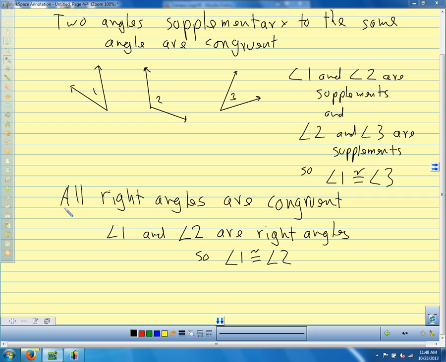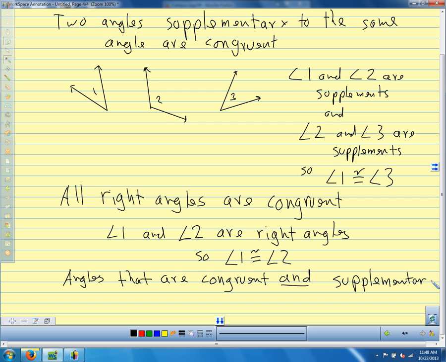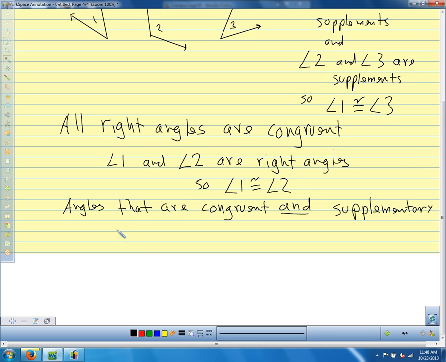And then the next one is that angles that are congruent and supplementary are, and let's see if we can figure this one out.